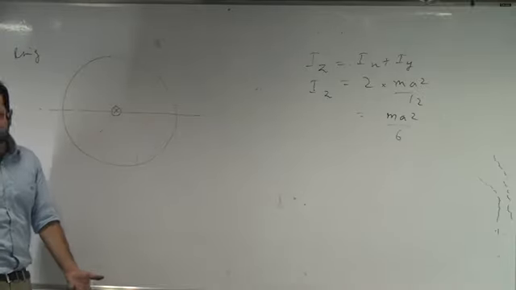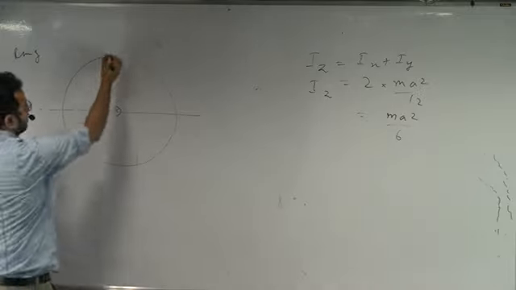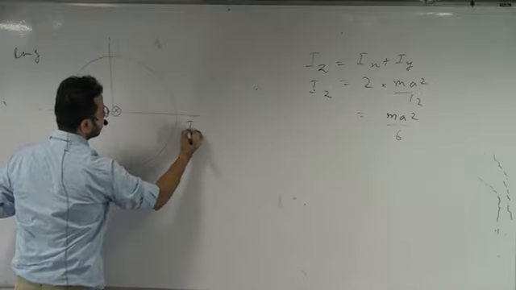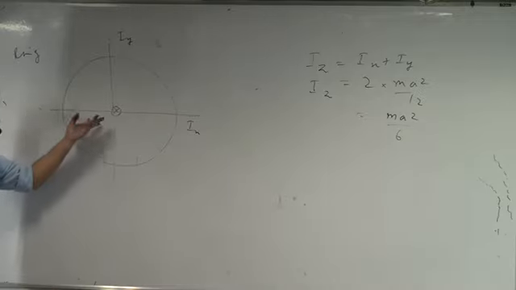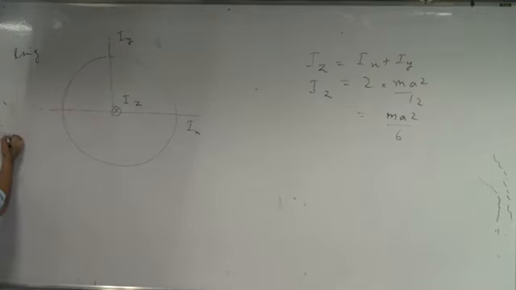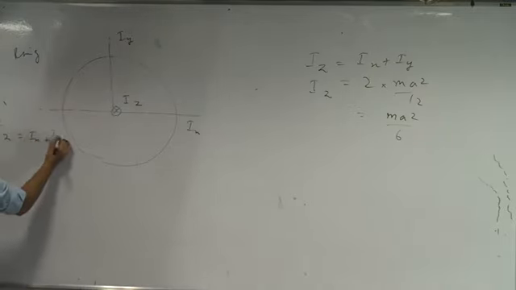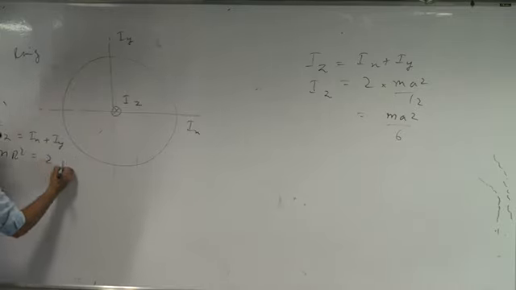ठीक है. कैसे किया? First of all Ix and Iy have to be in the plane. तो ये ले लिया Ix and this we have chosen as Iy. So naturally what is Iz? This is Iz. तो Iz will be equal to what? Ix plus Iy. Iz कितना है? Iz is mr square. We know that already. And Ix and Iy are identical. तो ये कितना हो जाएगा? इसको 2Ix लिख लो.